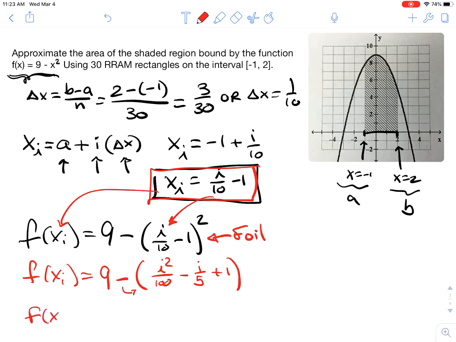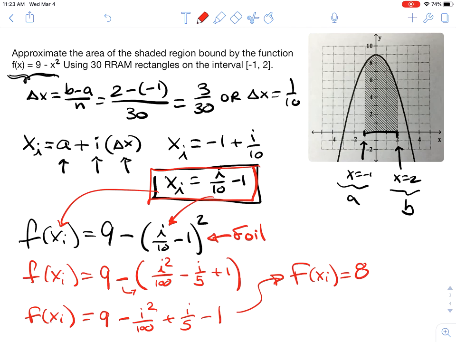And we have f of xi is equal to 9 minus I squared over 100 plus I over 5 minus 1. We can combine the constants, 9 minus 1 is 8, so f of xi is 8 minus I squared over 100 plus I over 5.